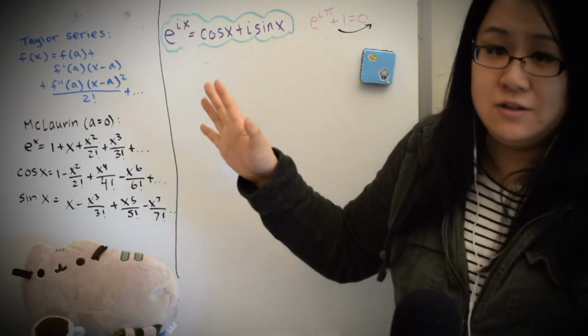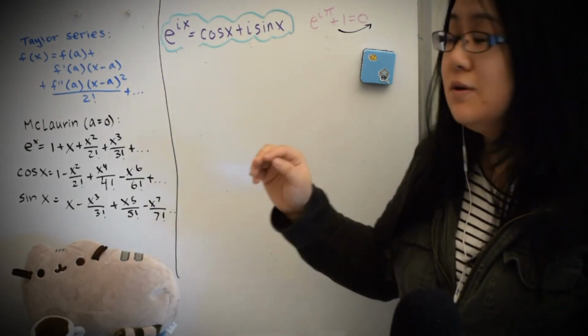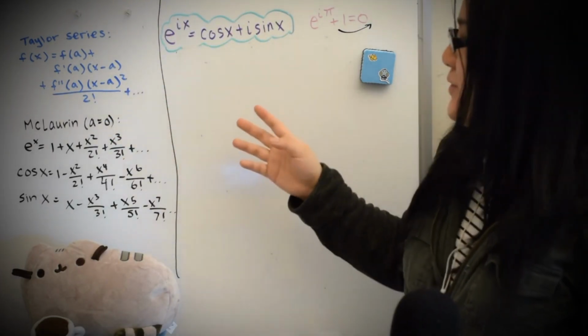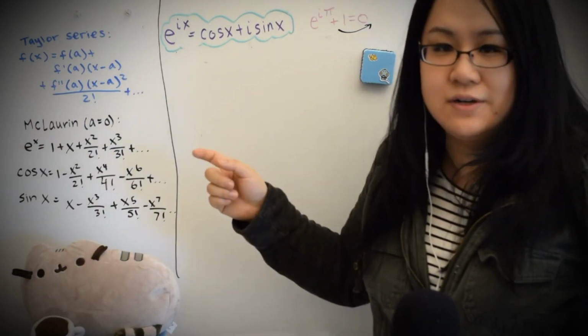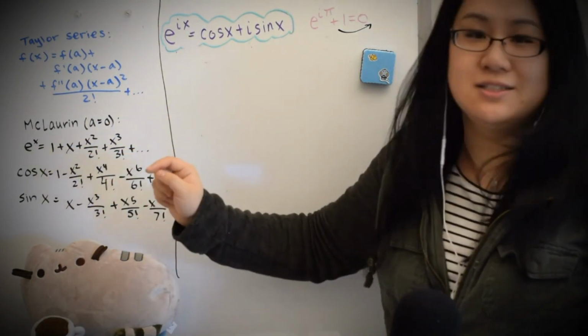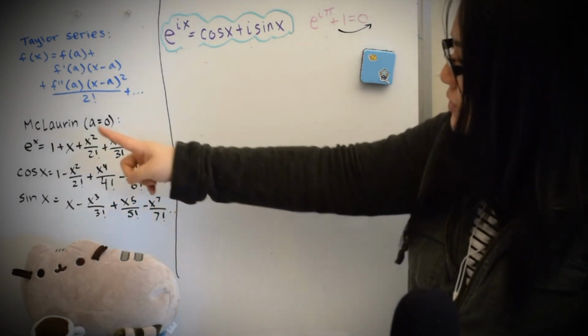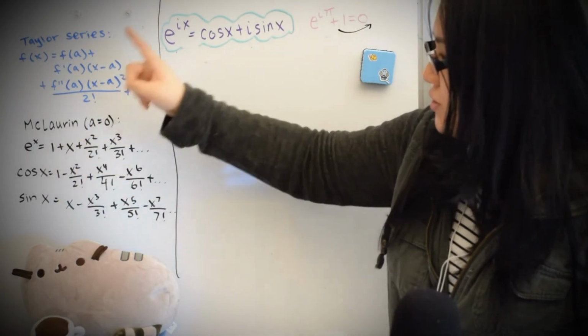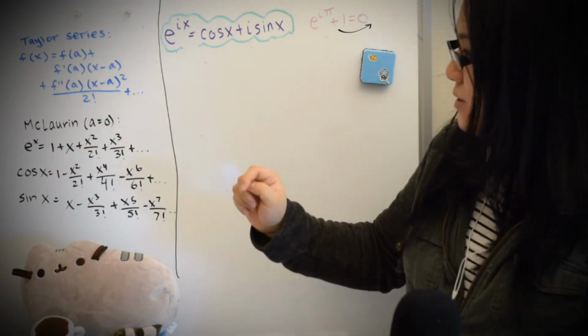And specifically, if you set a equals 0, you get the Maclaurin series. I already wrote the Maclaurin series for e to the x, cosine x, and sine x, and intuitively, we're just plugging in each of these functions into this at a equals 0.